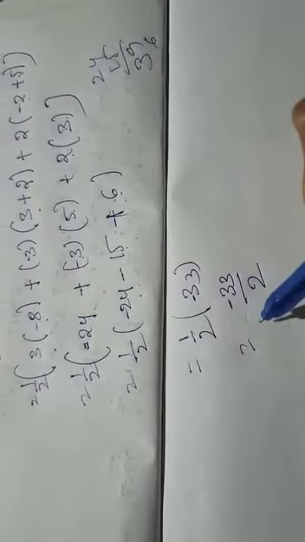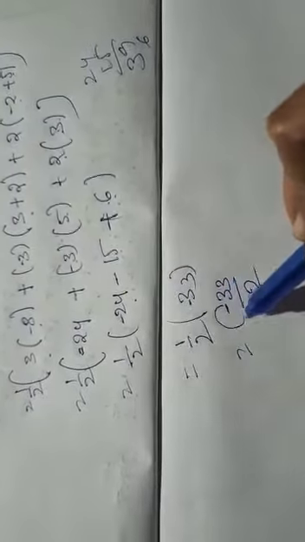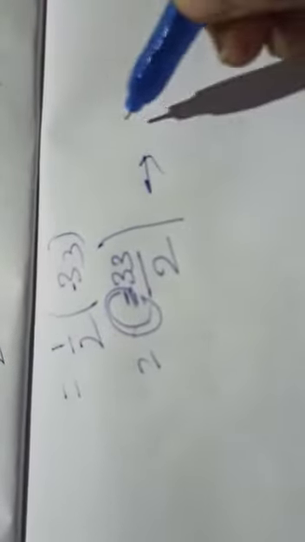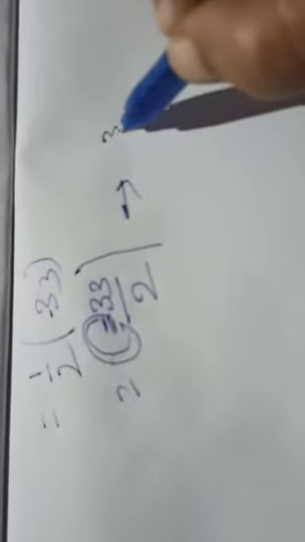We know the area of a triangle can never be negative, so here we take the positive value, 33 by 2 square units.